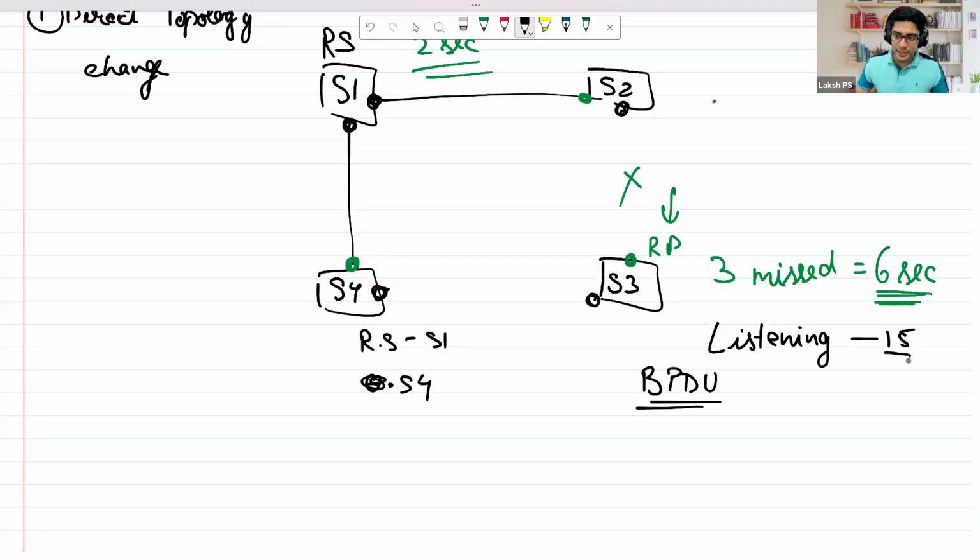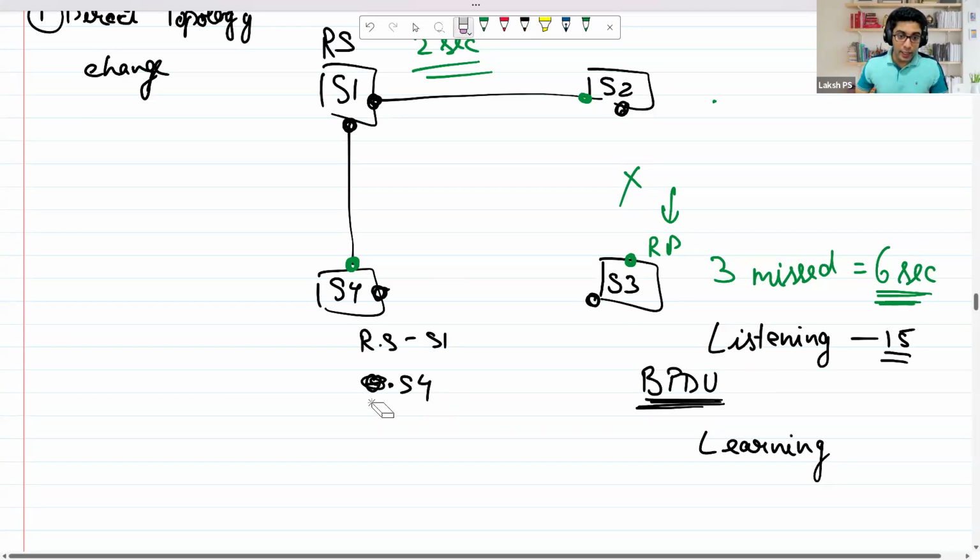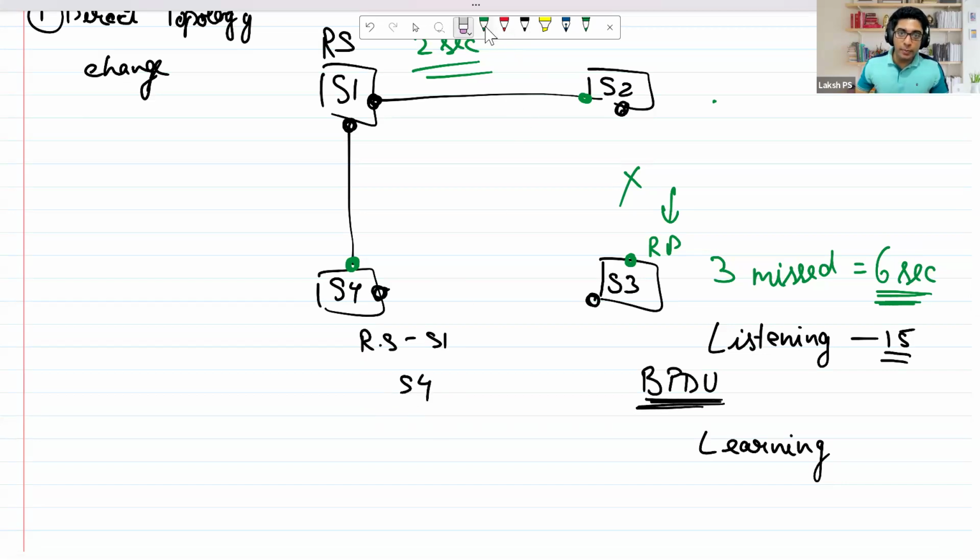Now, after these 15 seconds of listening, switch number 3 starts to learn those received BPDUs. Because it is in the learning state, what is it doing? It is making all those decisions.